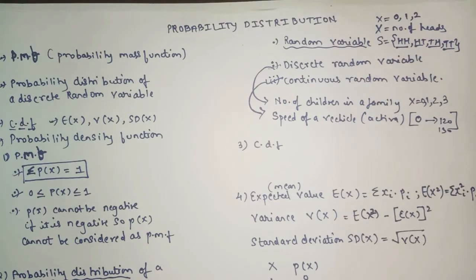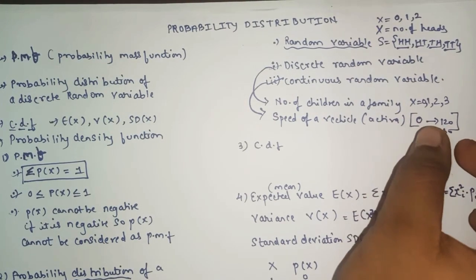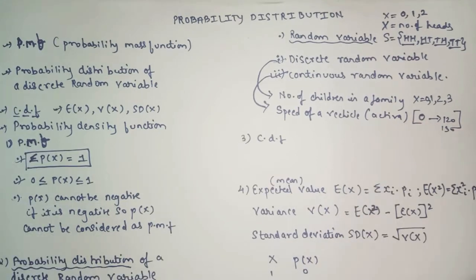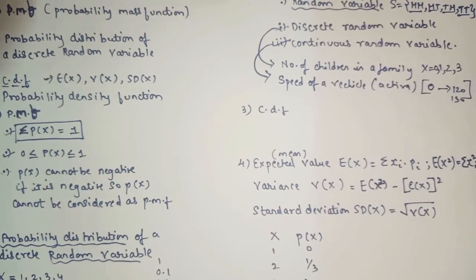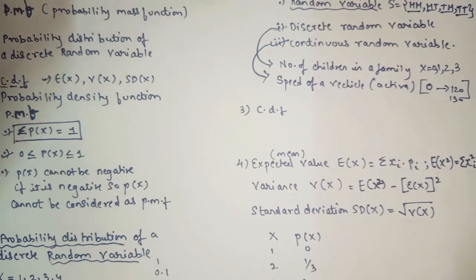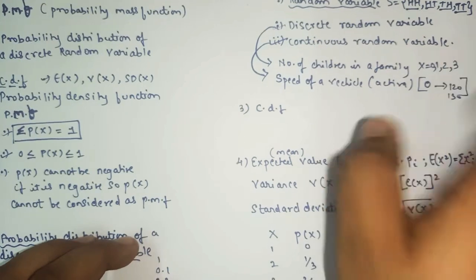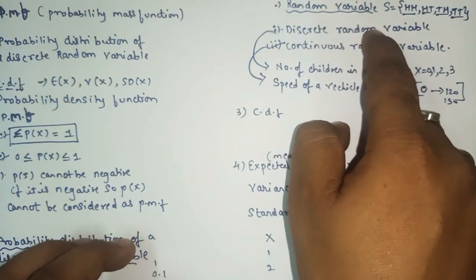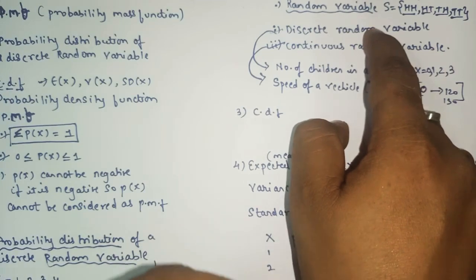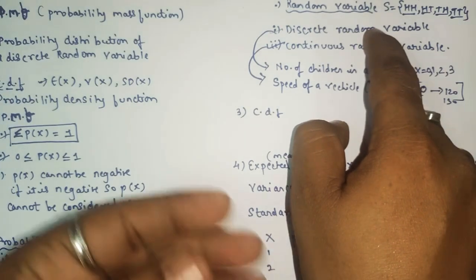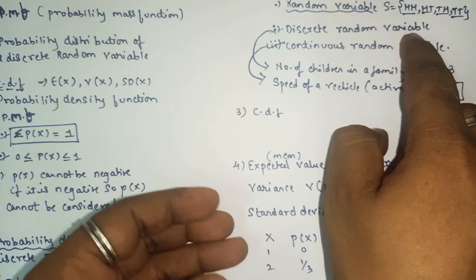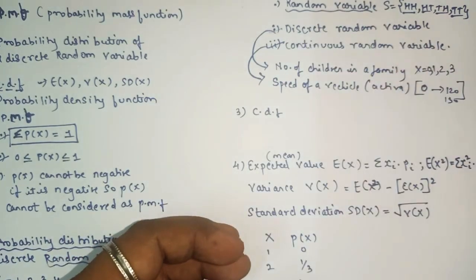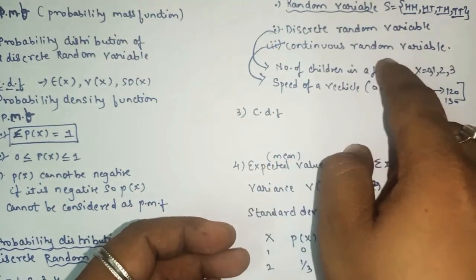When a particular example has a certain interval, a certain range, we consider that type of example a continuous random variable. Once again I will explain. Discrete random variable means what? Something which we can count easily. And continuous random variable means what?